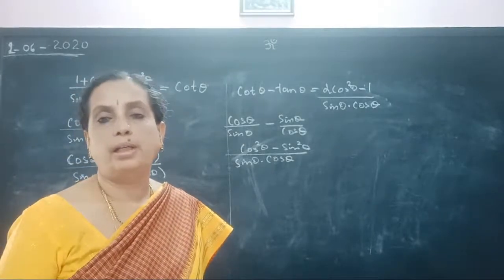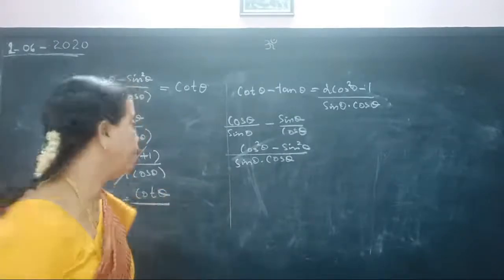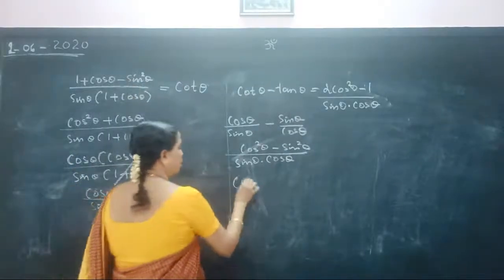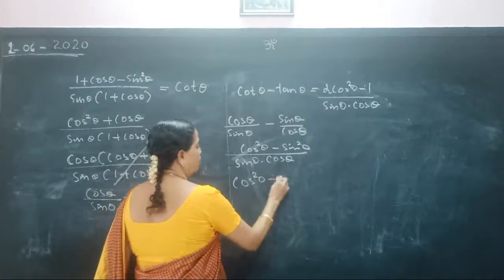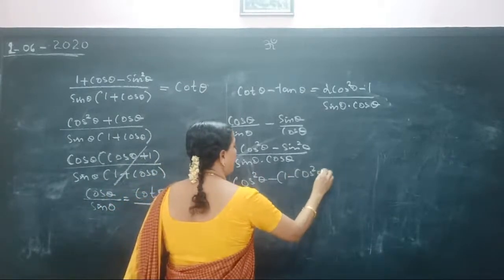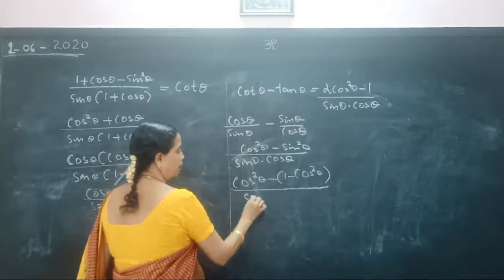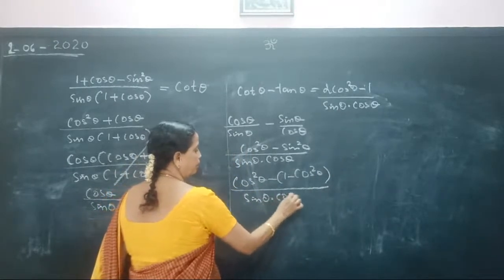Sin square theta can be taken as 1 minus cos square theta. That is, cos square theta minus (1 minus cos square theta) by sin theta into cos theta.